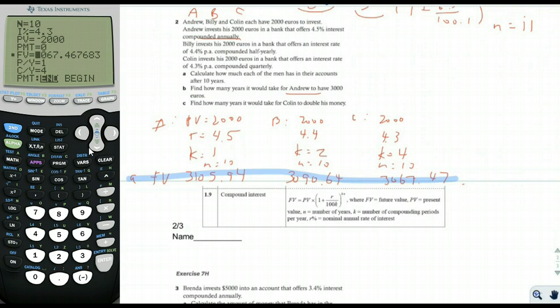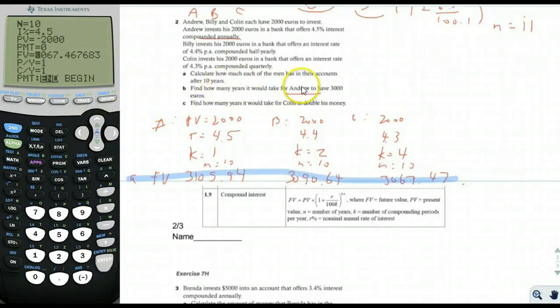How many years would it take for Andrew to have 3,000 euros? So now we'll go back to Andrew's data, which is 4.5% and K equals 1. So we'll put those back in. 4.5, K is 1, and then we want to find the future value.